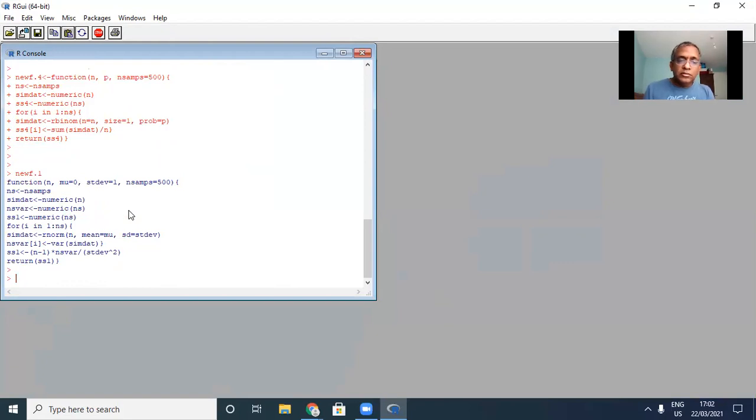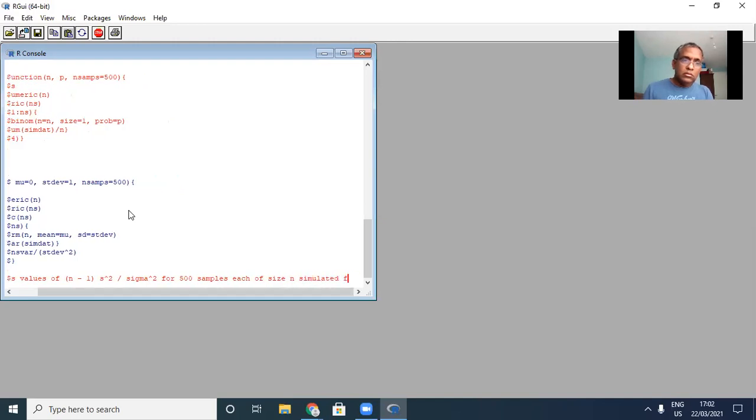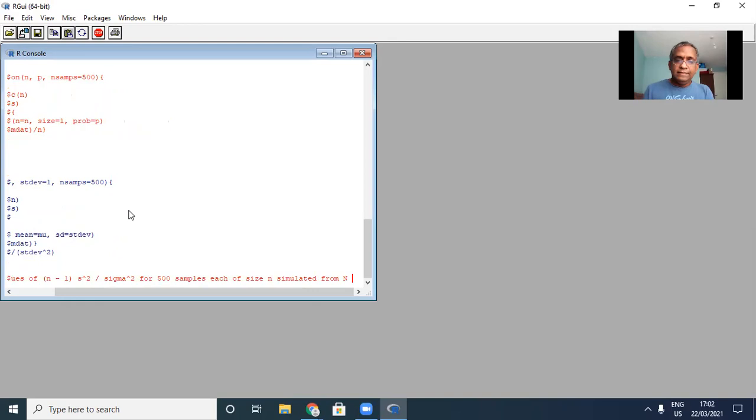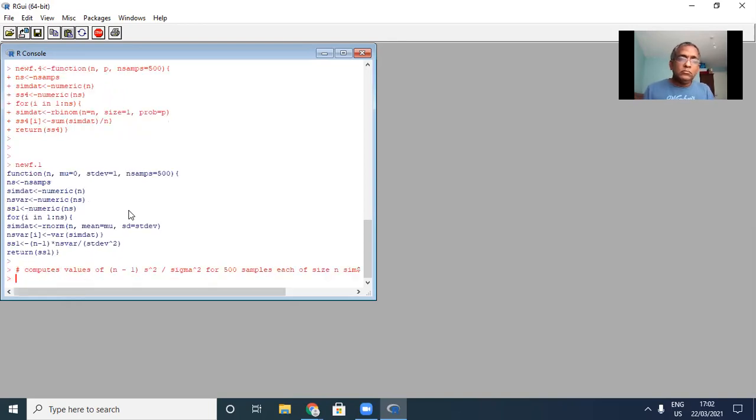It computes values of this for 500 samples.